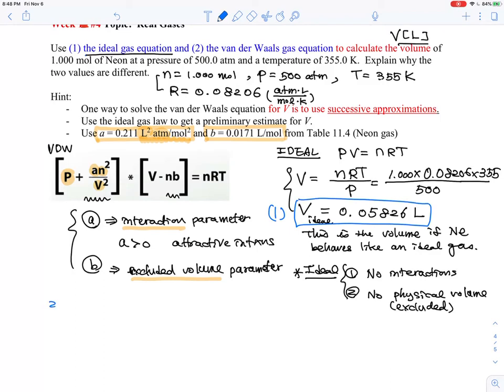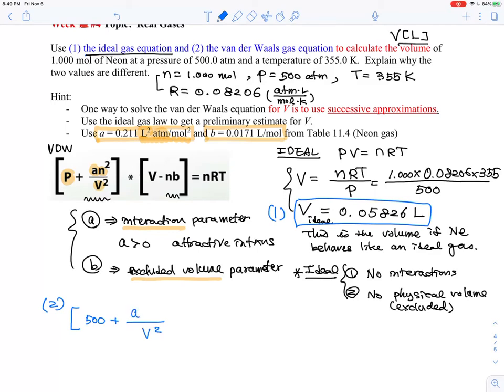The second question now is to solve this one here. The pressure is 500 atm, and the volume is something I need to figure out.